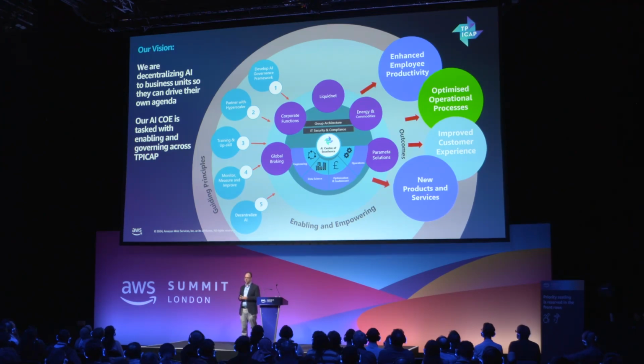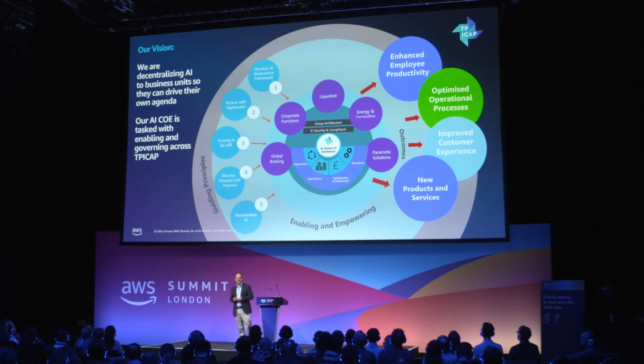Training and skills enablement we've identified as a key enabler for success. So we're looking to roll out training across the firm, from prompting training for our everyday business users to more advanced data science training for the technology team. The fourth point is we're developing mechanisms to help us monitor and manage the tools that we do produce, so we can make sure that we are seeing the value that we designed to get.